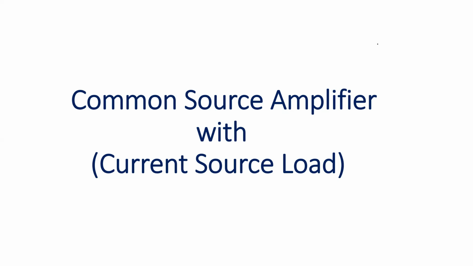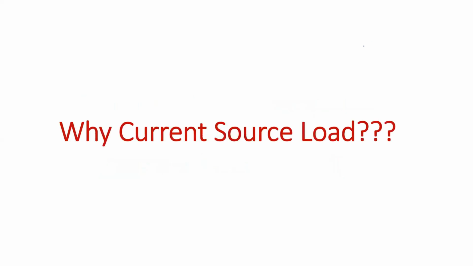So the first thing is, why current source load? It means, what is the need of that current source load, and what is the problem with resistive load and diode connected load? Basically, in diode connected load and in resistive load, if I want large gain, in general this AV is equal to minus GM RD for a single stage transistor.